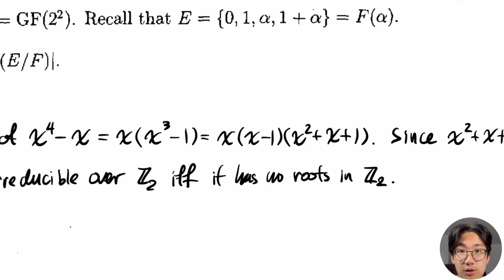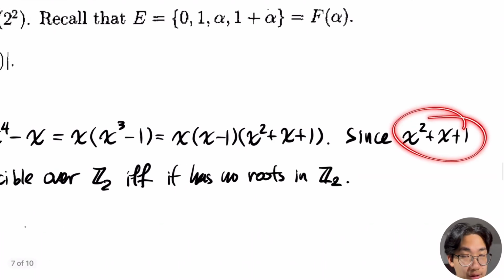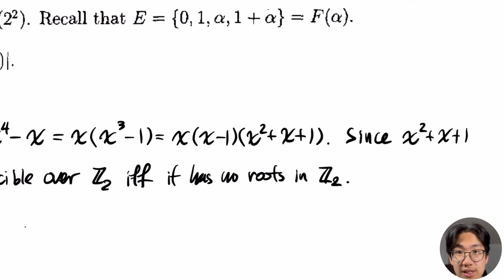And of course, this is much easier to check than Z5, even though Z5 wasn't that bad. We simply just have to evaluate this polynomial at 0 and 1, which are the only elements of Z2.